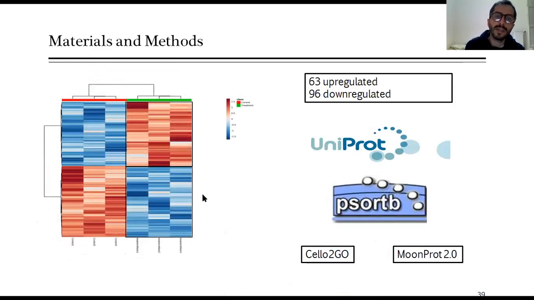Here we can observe that it was possible to detect 63 upregulated proteins and 96 downregulated proteins. Employing different bioinformatic tools, it was possible to observe the protein compartment disposition, the protein ontology, and the moonlight proteins.